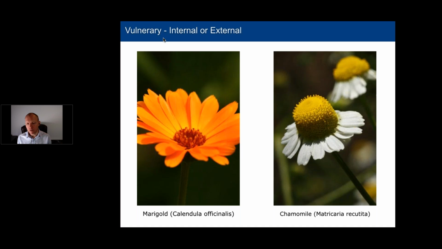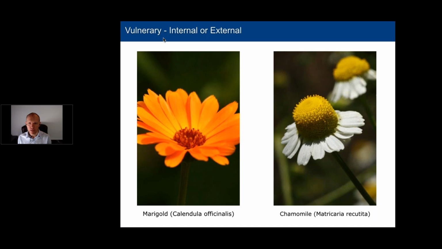And chamomile is another herb whose main indication I would say is for digestive complaints. So it's used to help with things like stomach ulcers and colic in children. But it's also used topically to help heal ulcers and wounds and eczema and a number of other things.